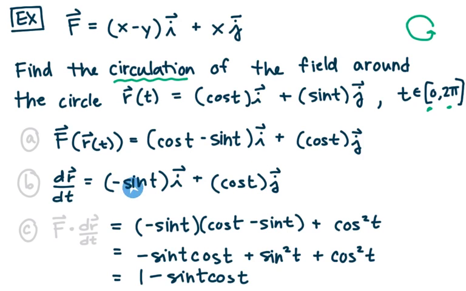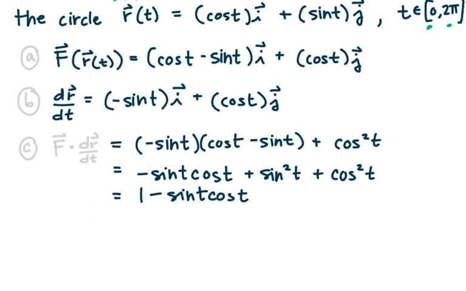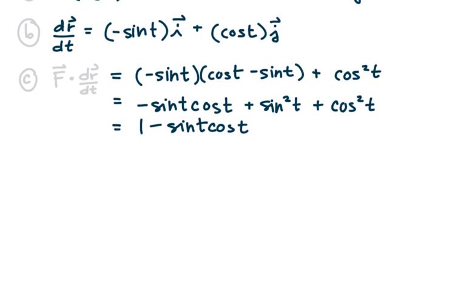That dot product is going to be negative sine t times cosine t minus sine t, and then cosine t times cosine t, which is cosine t squared. When I distribute, I end up with sine squared plus cosine squared, which gives me 1 minus that first product. We have 1 minus sine t cosine t. Now, we just need to evaluate our integral from t equals 0 to 2 pi.